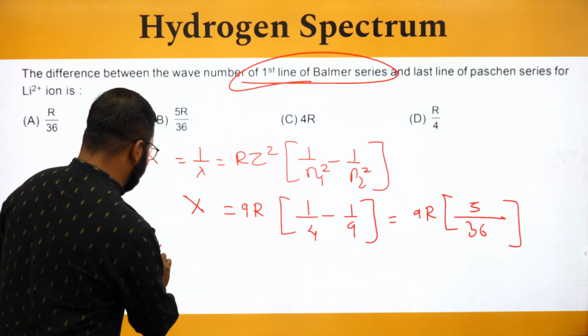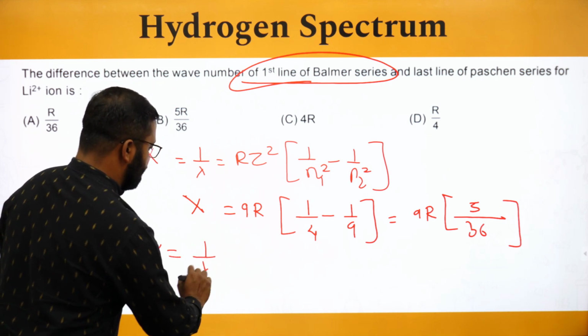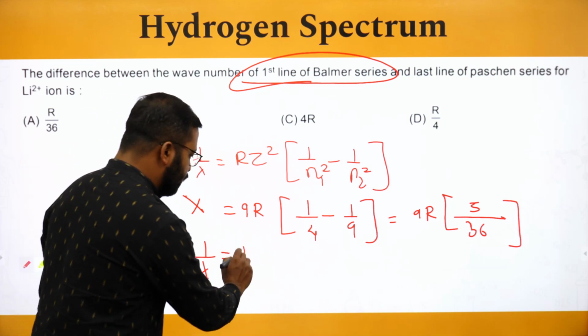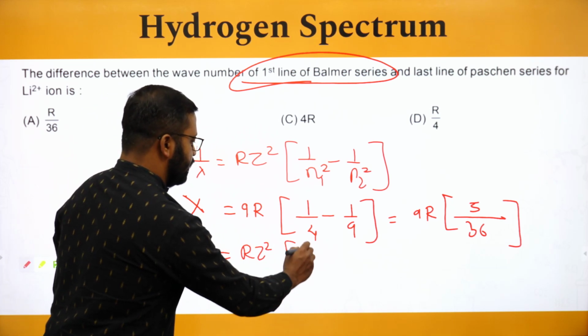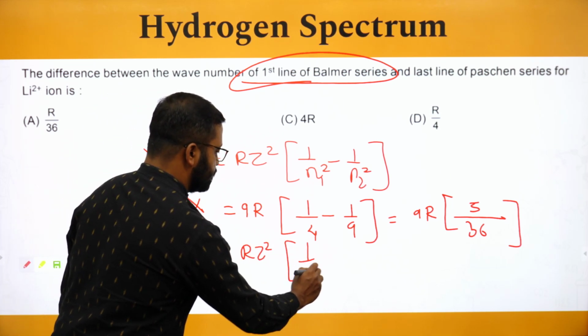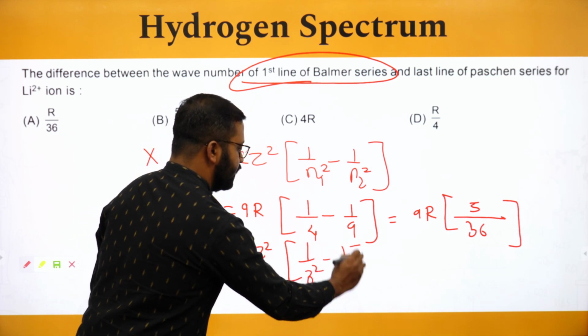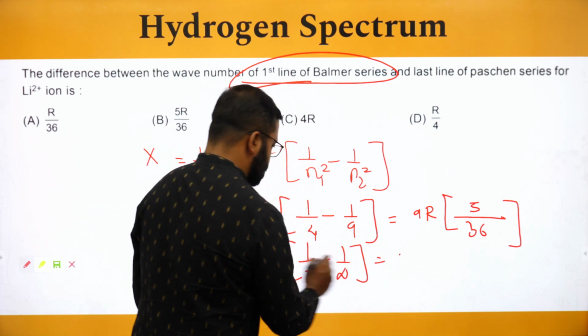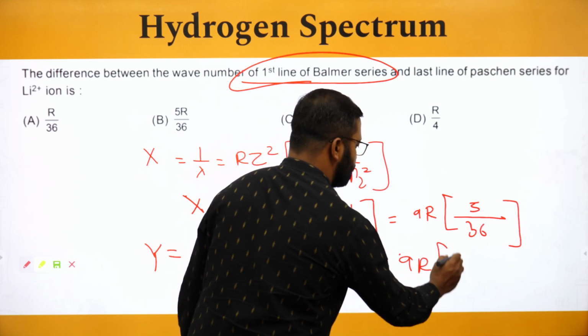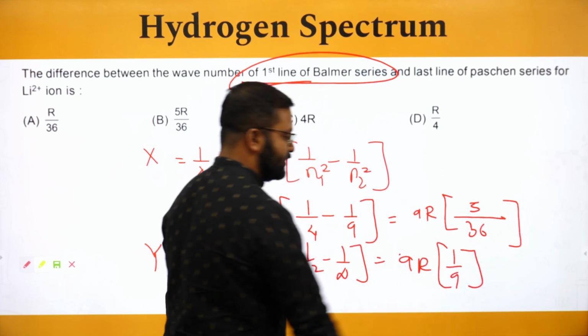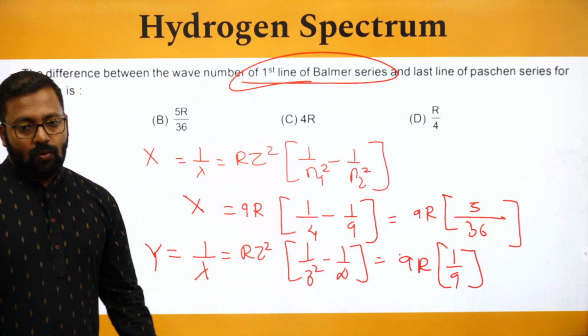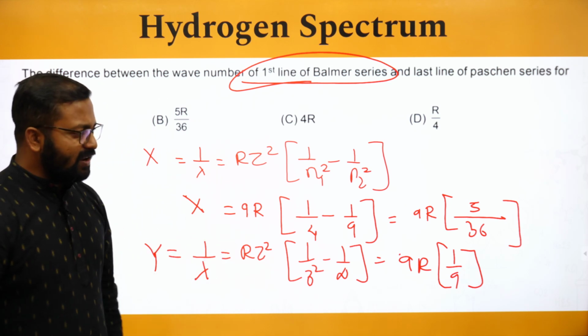So let's say that is y: 1 by lambda will be equal to R Z squared into 1 by 3 squared minus 1 by infinity, that is 9R into 1 by 9. Can I say that? That's very obvious.